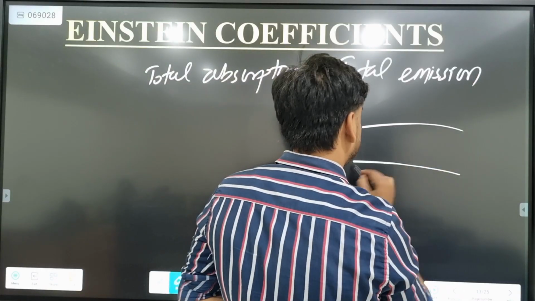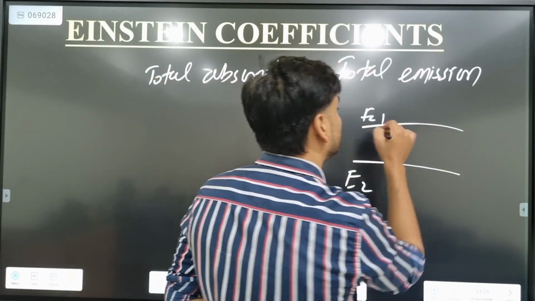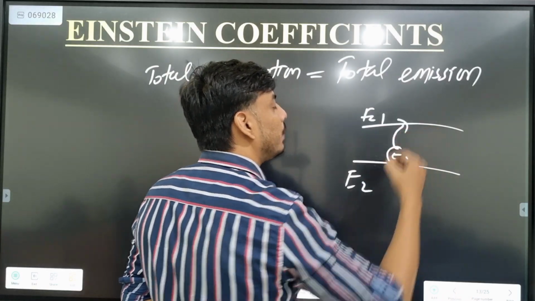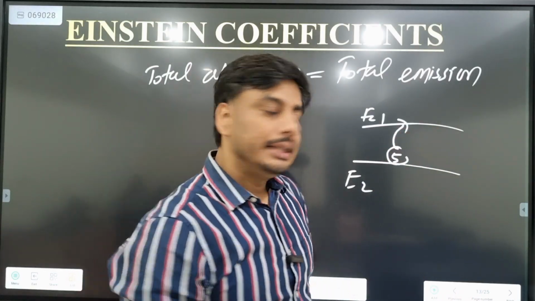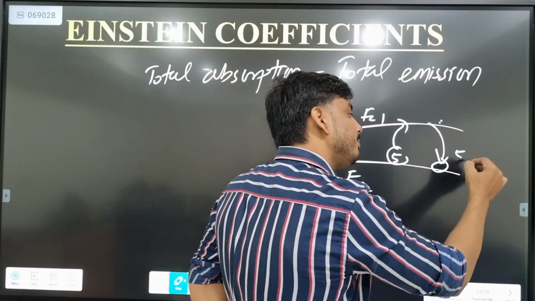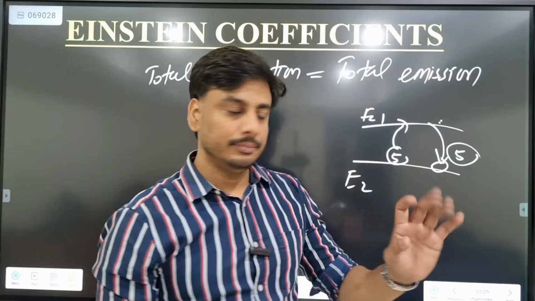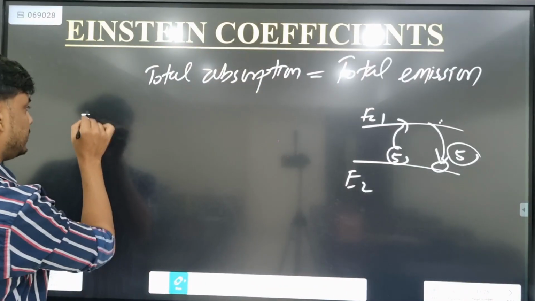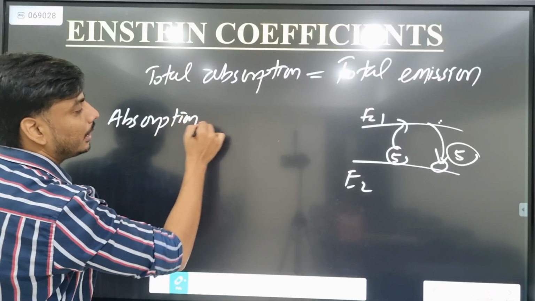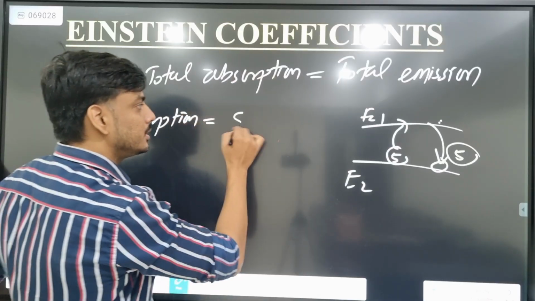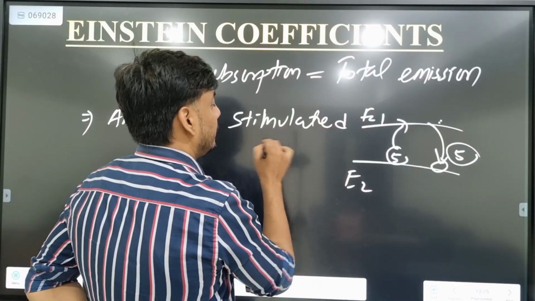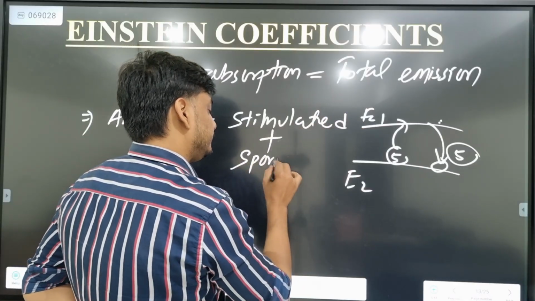If between E2 and E1, 5 particles are moving from lower to higher in the absorption process, then the number of particles moving from higher to lower will be 5. So the total number must be the same, but we know that the absorption process is 1, but emission is of 2 different types. One is stimulated plus another is spontaneous.